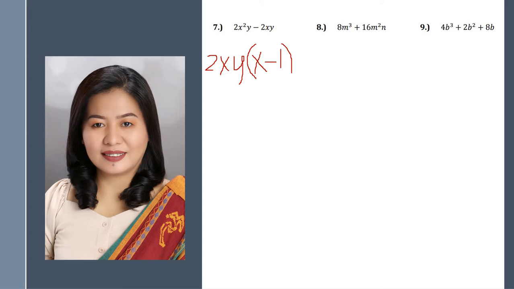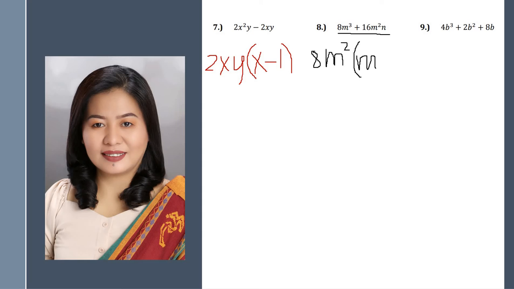Next, number 8. Our given is 8m cubed plus 16m squared n. So the common factor between the numerical coefficients 8 and 16 is 8. And for the m, the least exponent, which serves as our common factor, will be 2 for m. And there's no n in the first term, so n cannot be considered a common factor. So we now divide. 8 divided by 8 is 1. M cubed divided by m squared is m. We simply subtract the exponents, 3 minus 2, that's 1.